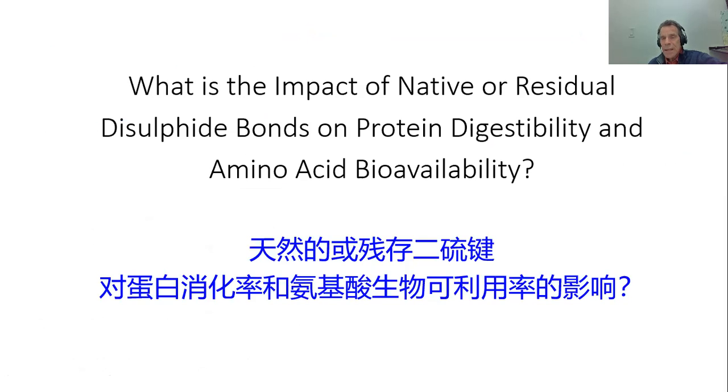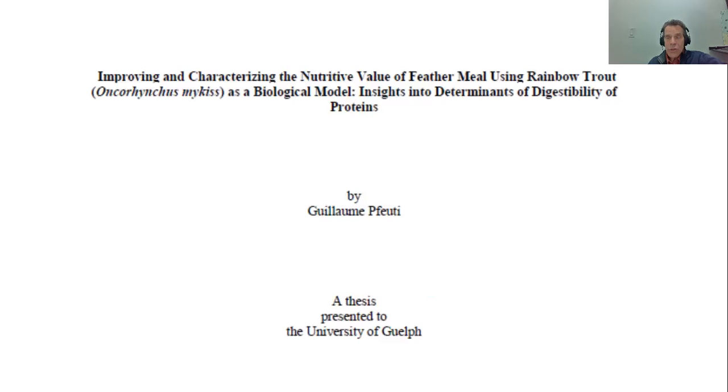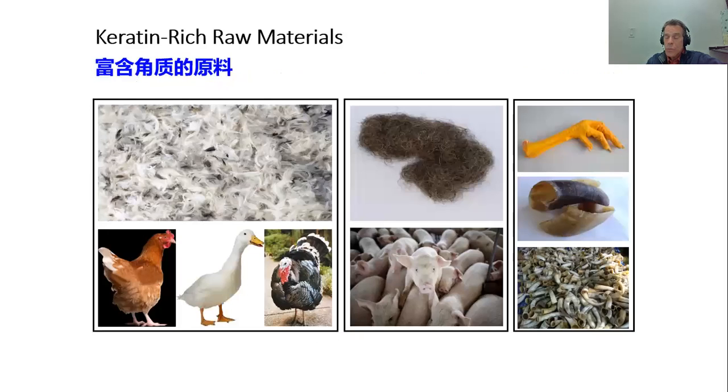Now, what impact do these native, residual, or newly formed disulfide bonds have on protein and amino acid digestibility? Well, one of my students, Guillaume Futsi, who works in the rendering industry today, carried out a whole thesis looking at this issue: what impact these disulfide bonds had on the digestibility of a commercial feather meal, using rainbow trout as the model species, but he also worked on broiler chicken.